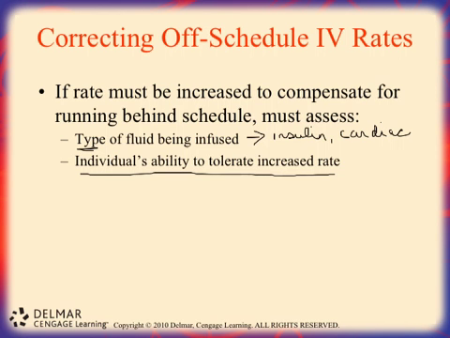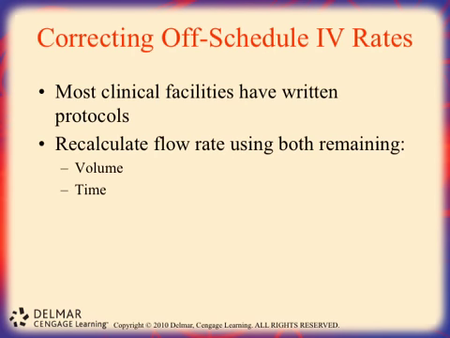So, to get it back on schedule, we need to look at our patient and the types of fluid that are being infused before we just automatically increase an IV rate. Make sure you know what your clinical facility's policy is on correcting off-schedule IV rates. Most clinical facilities will have a policy regarding that. And then you're going to recalculate your flow rate using the remaining volume and the remaining time you have to infuse that.